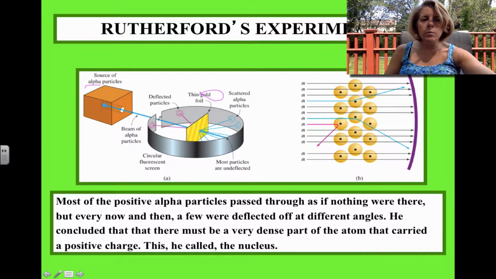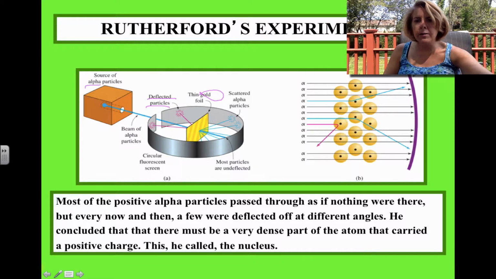Now, what he assumed is if it really was the plum pudding, he should get some ejection of particles back on the screen here. So here are deflected particles. And he should have gotten a whole bunch of them because the plum pudding was essentially a big atomic structure. However, he did not see that.